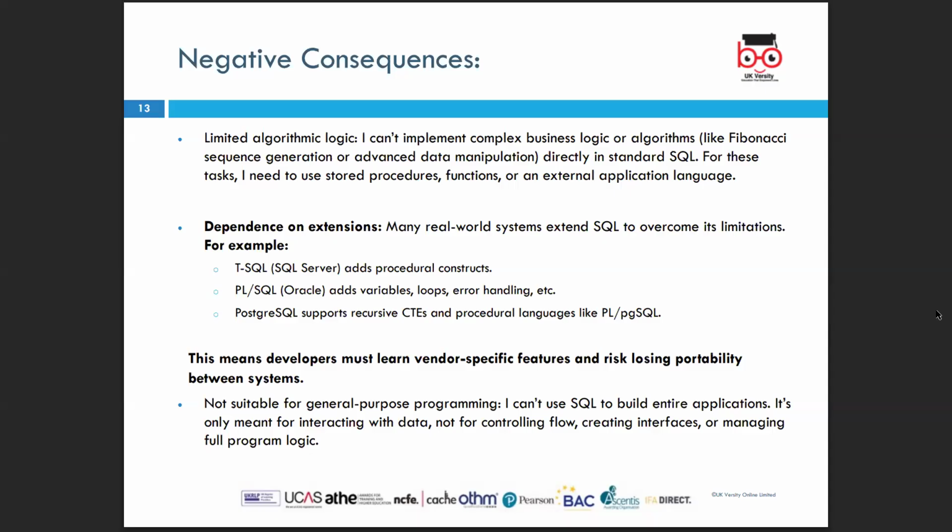SQL is also not suitable for general-purpose programming, where we can't use it to build entire applications. It's used for interacting with data, not for controlling flow, creating interfaces, or managing full program logic.